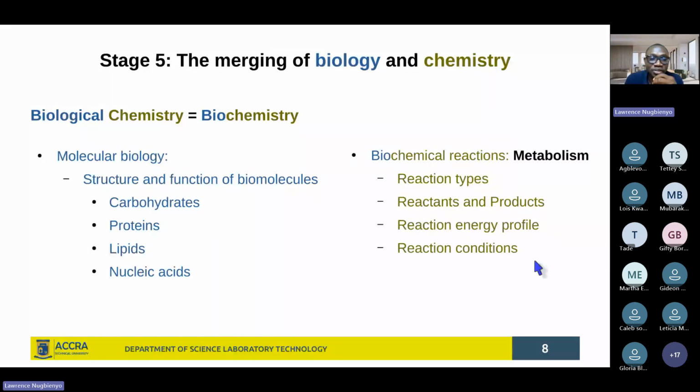And at this stage, you start talking about things like enzymes that will reduce the activation energy so that you can have the reaction catalyzed. The reaction can be fast because the reactions have to occur in milliseconds and all of them coordinated because there are many reactions that occur.